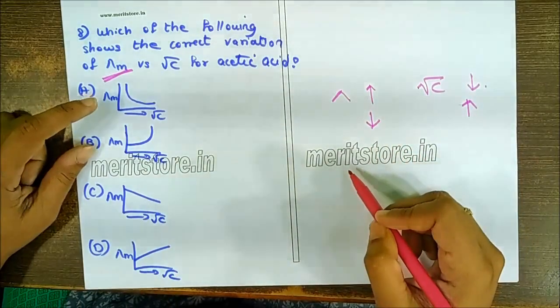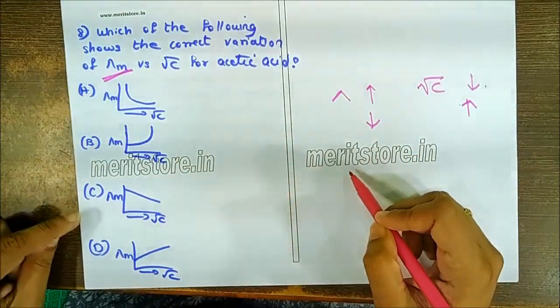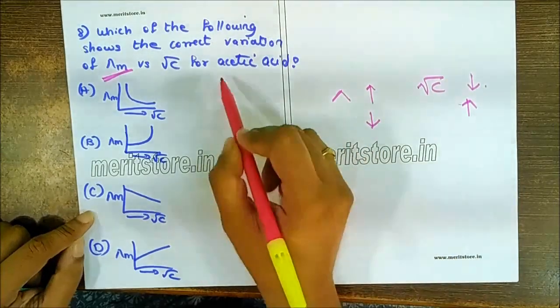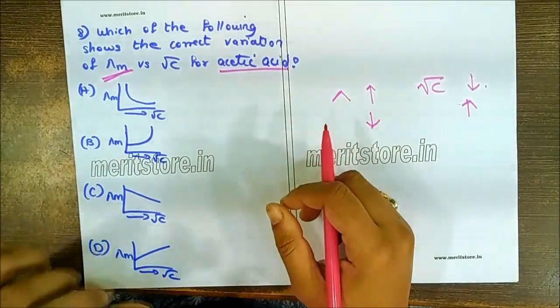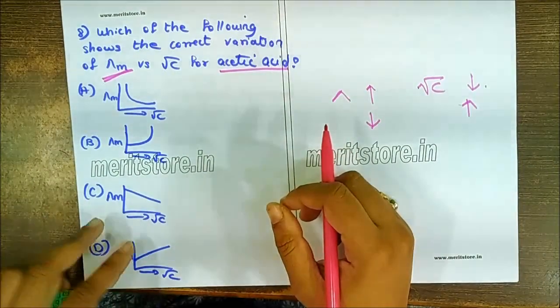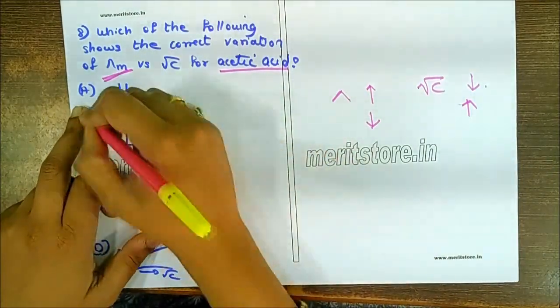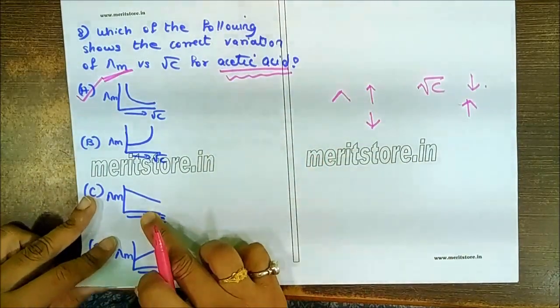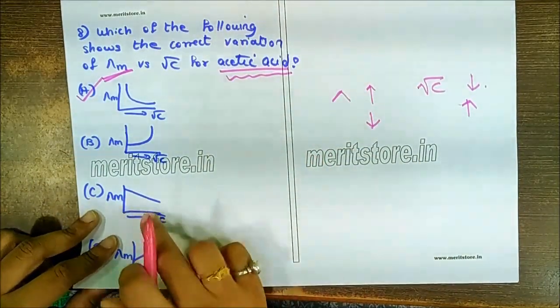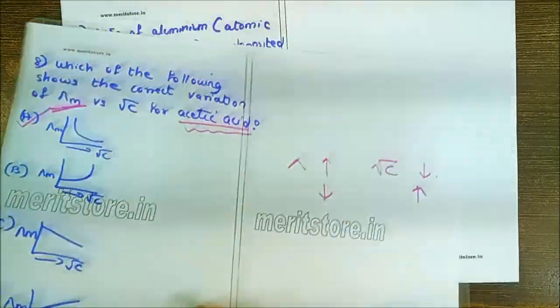Now we can see the decrease in options A and C. But this is for a weak acid, and for a weak acid there is always a variation, not a straight line like option C. Therefore option A, since this is asked for the weak acid. If it is asked for the strong acid, then we can go for option C.